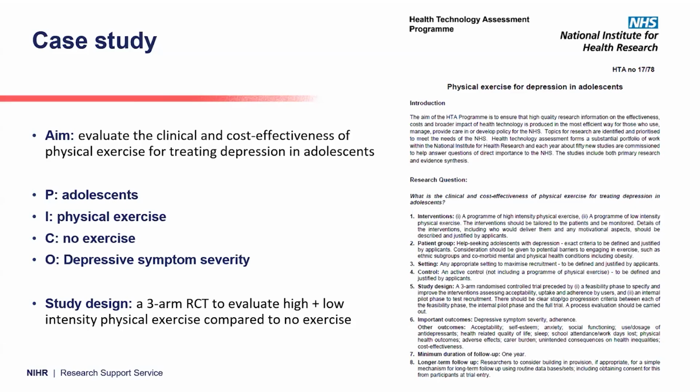In this call, the population of interest is adolescents, the intervention is physical exercise, the comparison is no exercise, and the outcome is the measure of the depressive symptom severity. So this call requires applicants to submit plans for a 3-arm study to evaluate separately high and low intensity physical exercise compared to no exercise. It also needs to be a randomized clinical trial.